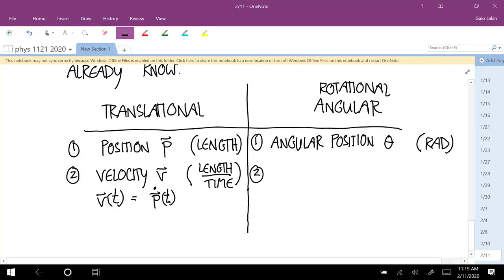The analogous angular quantity is the angular velocity. This is going to be denoted with the Greek letter omega, lowercase omega. And this has units of radians over time.